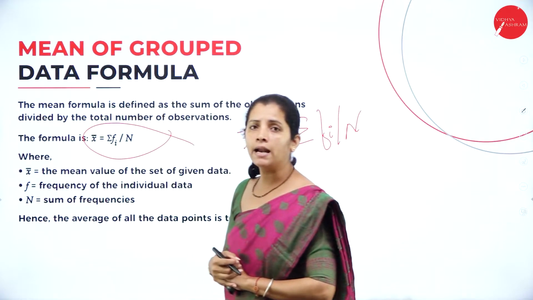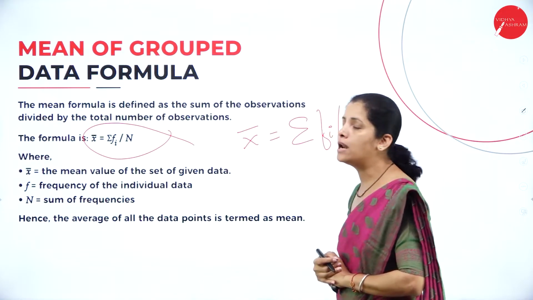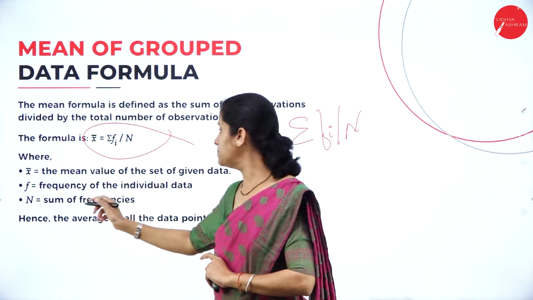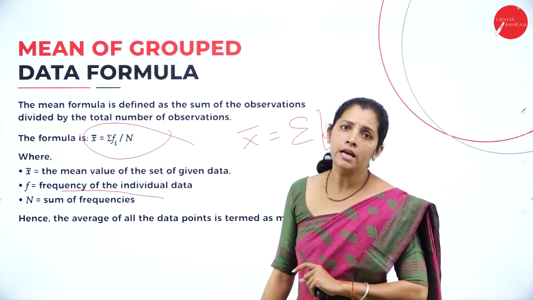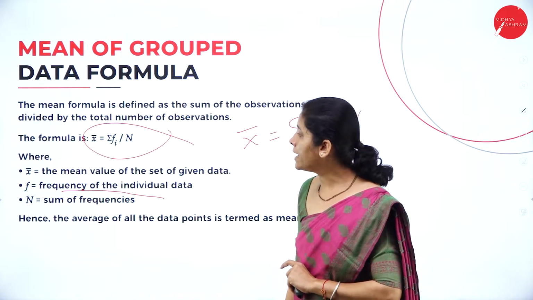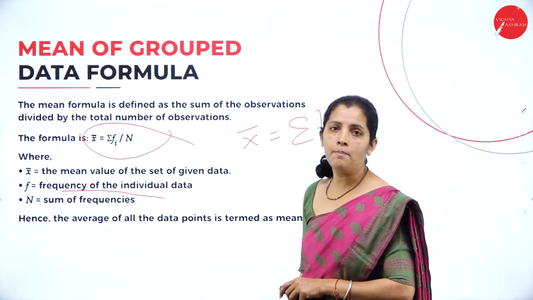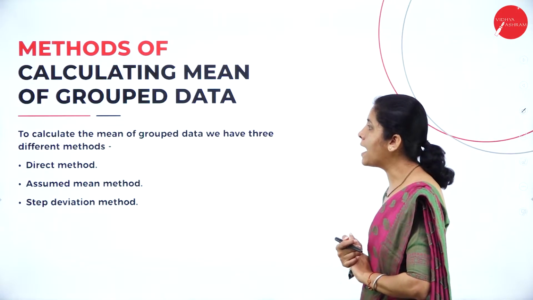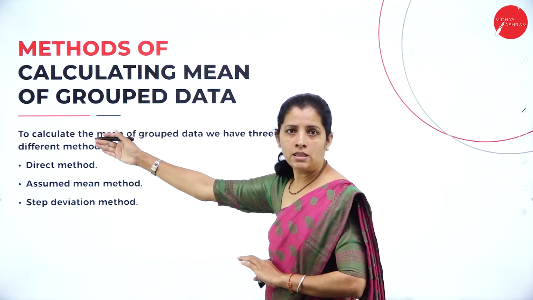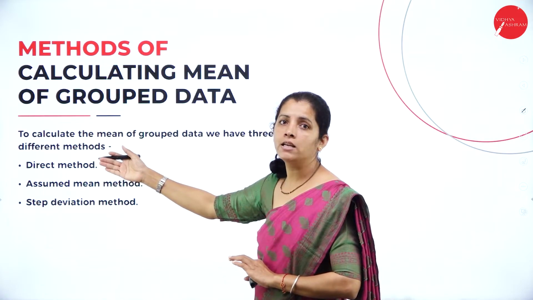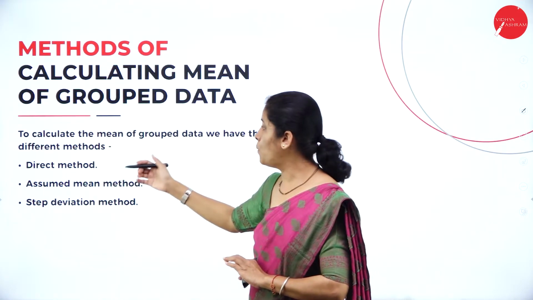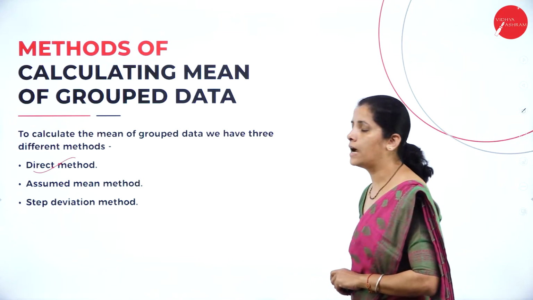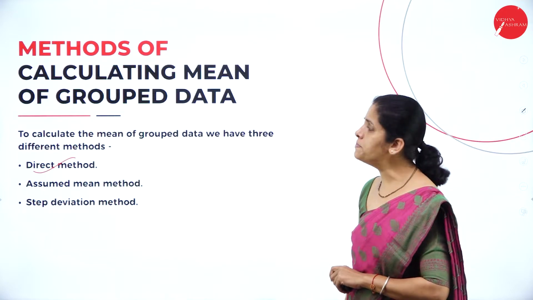Here, x bar is the mean value of the data, whereas f is the frequency of the individual data, and n is the sum of the frequencies. Now, the methods used to calculate the mean are: one is the direct method, another is the assumed mean method, and another is the step deviation method.